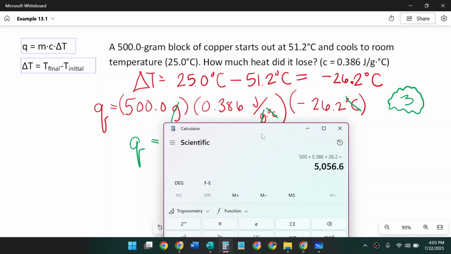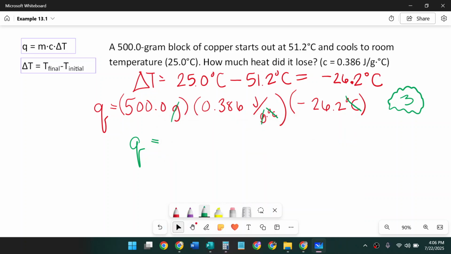So that's going to round me up to 506, because the 6 makes the 5 round up, and then this 6 is going to become a 0. And I don't even need to put a decimal because nothing after the decimal is significant. So that's negative 506, and then 0 in the ones place. And remember, our unit is joules. So that's how much we lost.